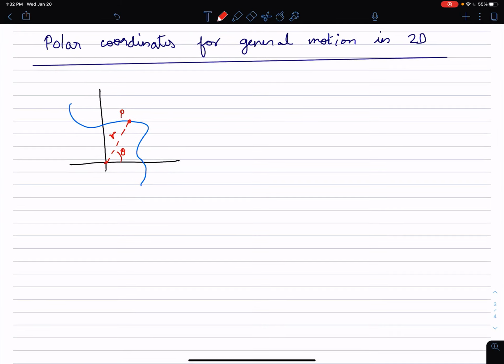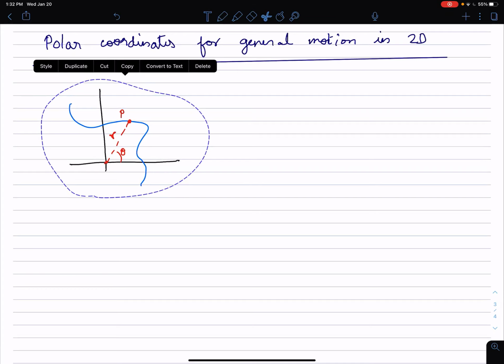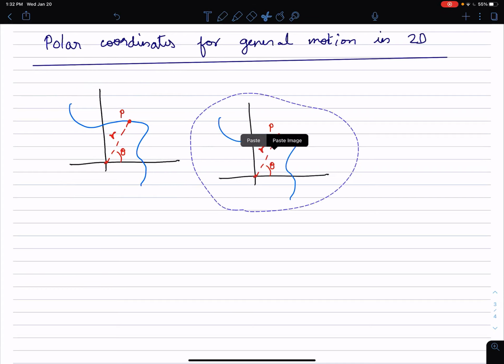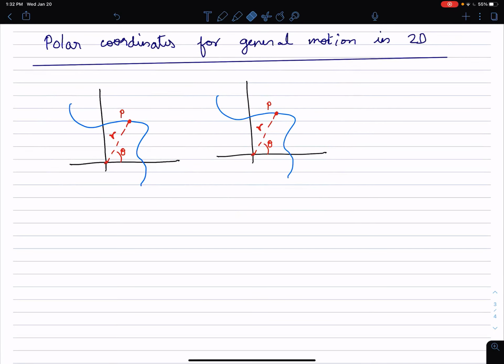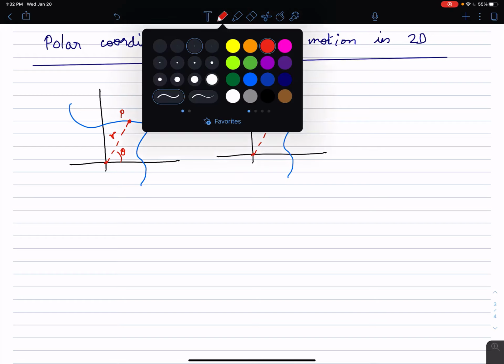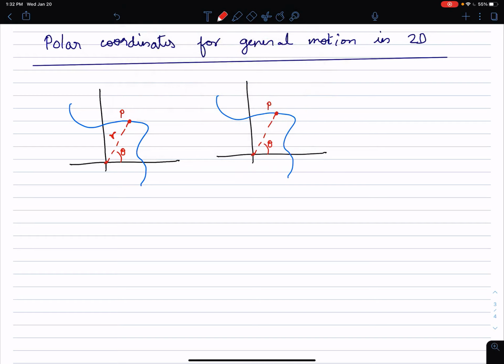Let's see if we can reproduce this image. Okay, I'll just reproduce that image, and then let me now draw coordinate axes on this thing.